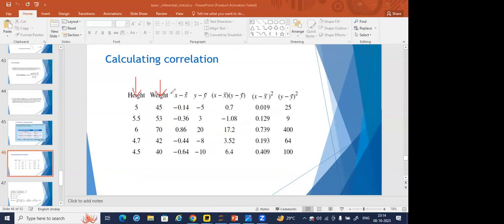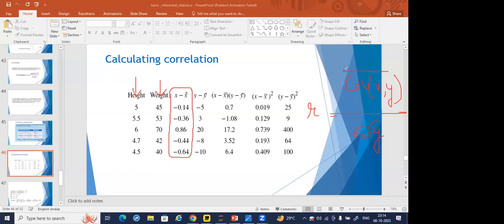To understand this formula, if I want to calculate R, it is the covariance of X and Y divided by the standard deviation of X and Y.